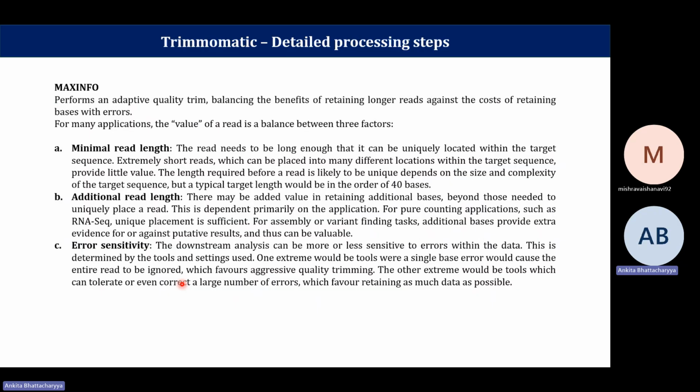You might lose a lot of data which you want to include because that is your actual objective. So optimizing the analysis based on your application and your hypothesis is crucial. These parameters have been provided to you so that you can adjust.